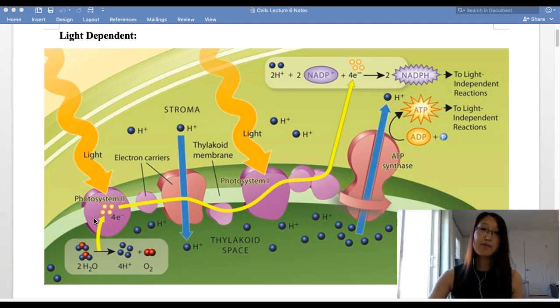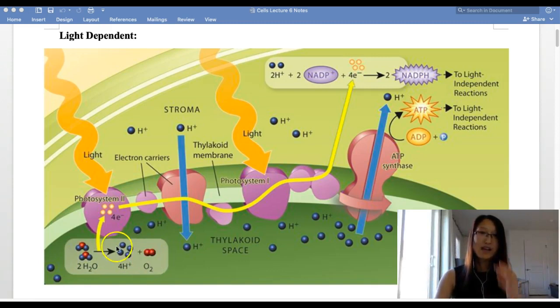Okay. The next step: because these electrons get excited, and as you can follow the yellow line, these electrons can be removed all the way to the end. So we need electrons to replenish the electrons lost in photosystem 2. So the next step is water splitting right here.